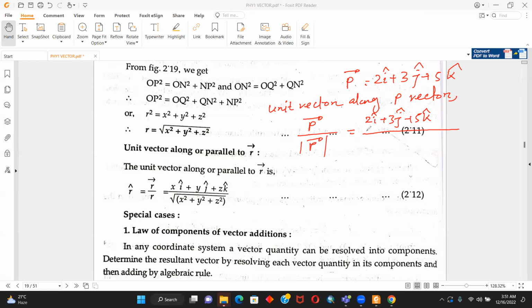It is just square rooting the sum of the squares of all the coefficients, right? That is square root of 2 squared plus 3 squared plus 5 squared.